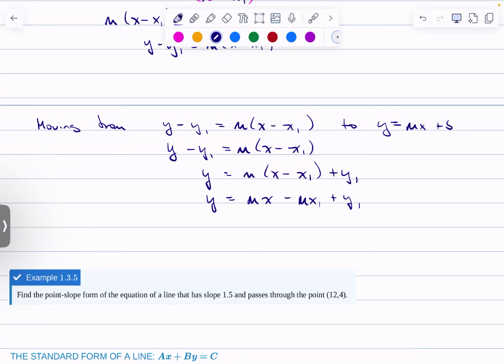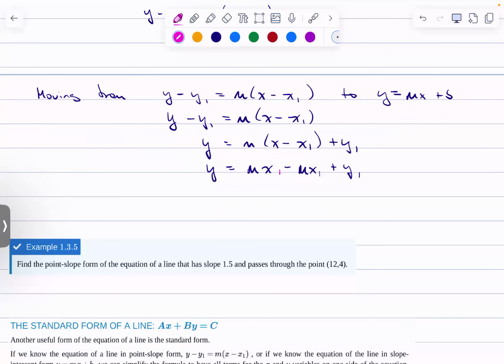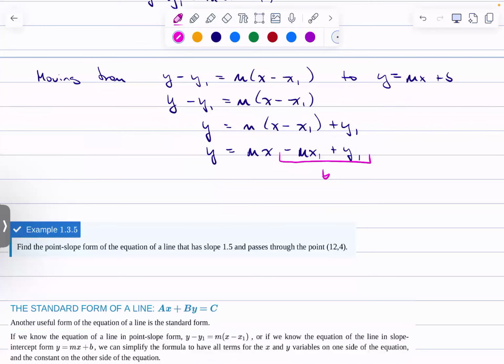That looks kind of familiar-ish, right? You can lump this into a b. Right, mx plus b.